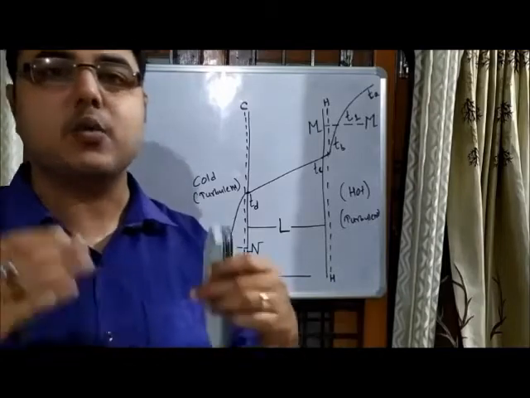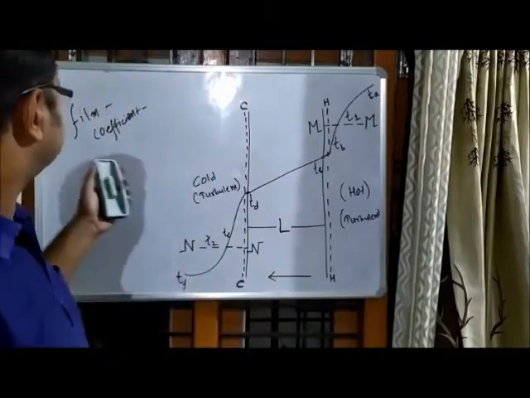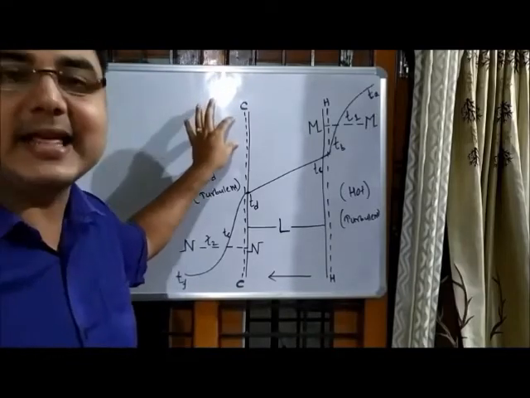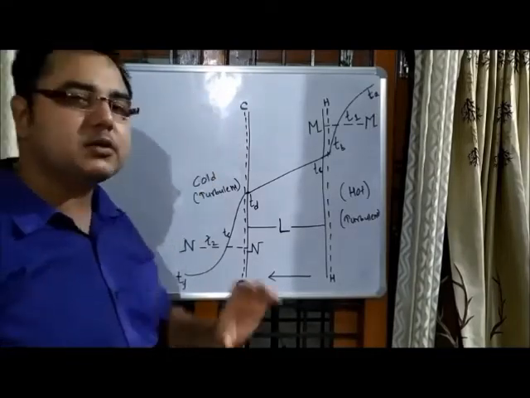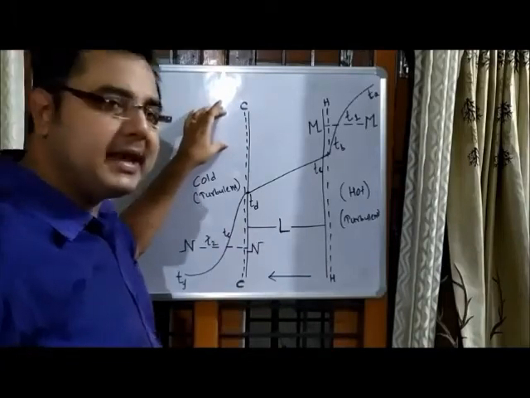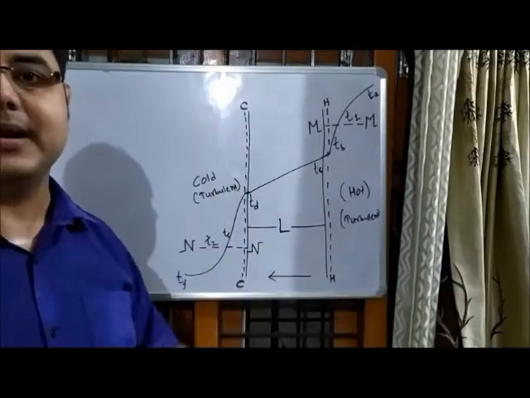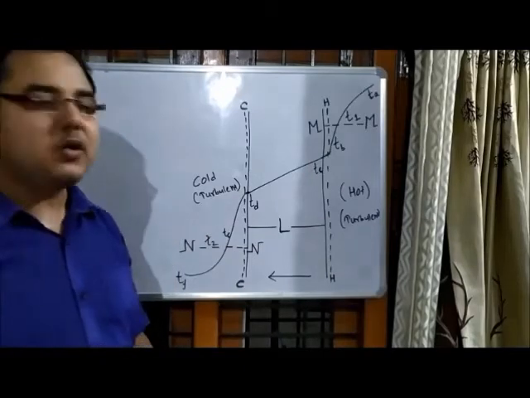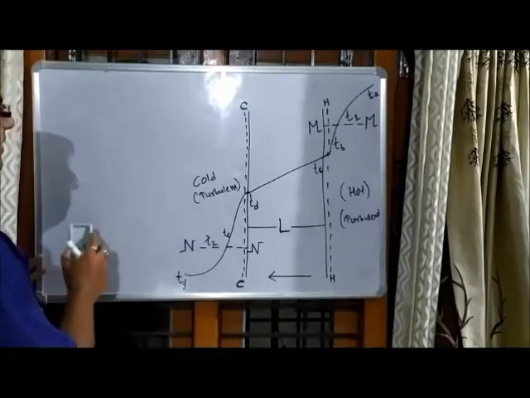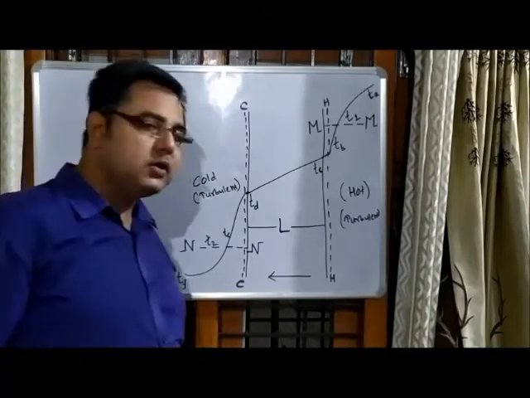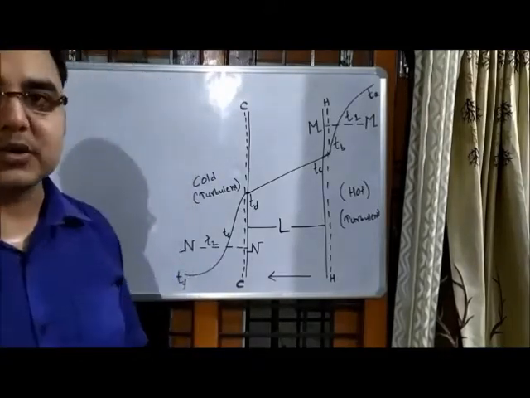I repeat, the film coefficient is the quantity of heat which is flowing through the unit area per unit drop of temperature per unit time. So let us have some calculations, on how the heat will be transferred by this process.